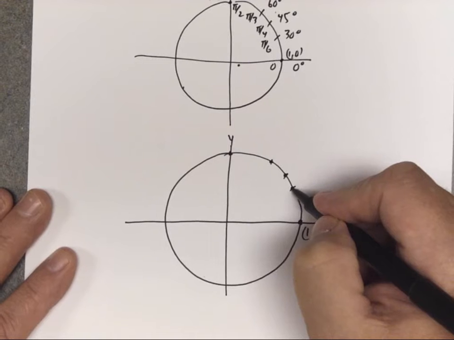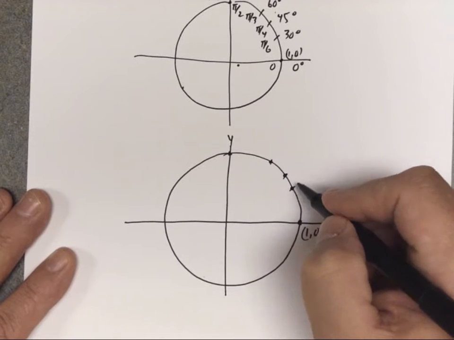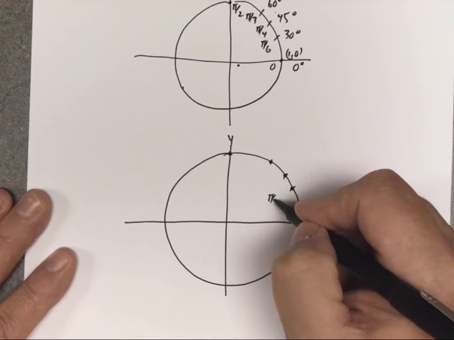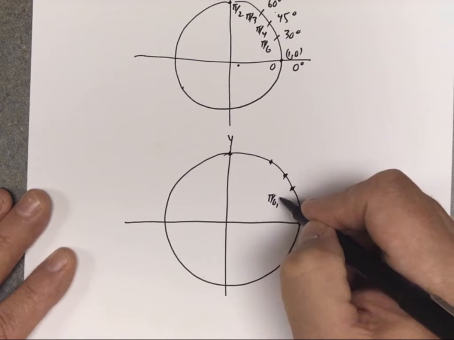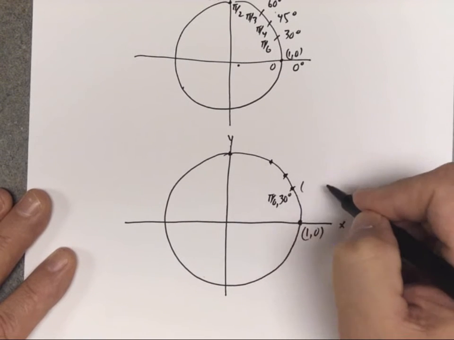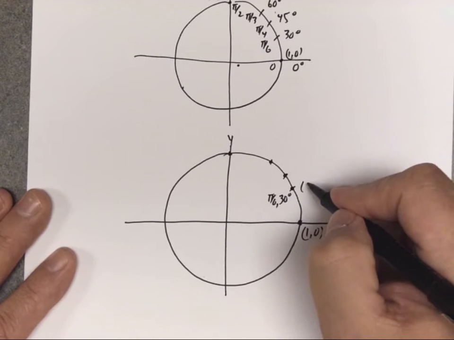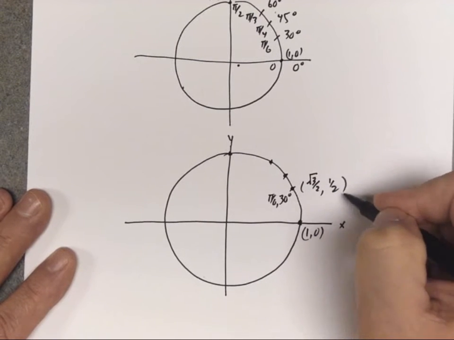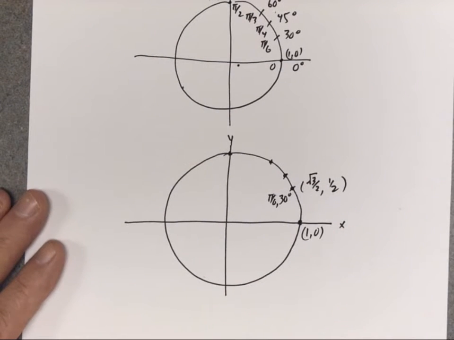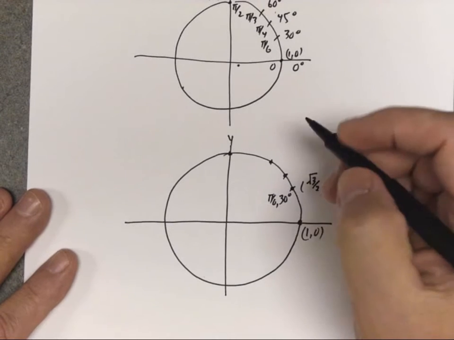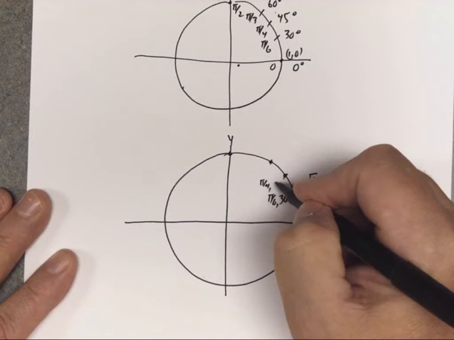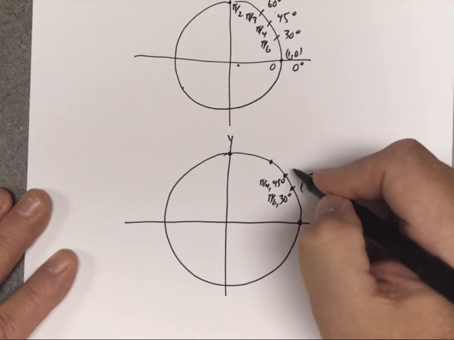Turns out for this angle here, which I'm going to call either pi over 6 or 30 degrees, you know what the x and the y is of this point here? The x is square root of 3 over 2, and the y is 1/2.